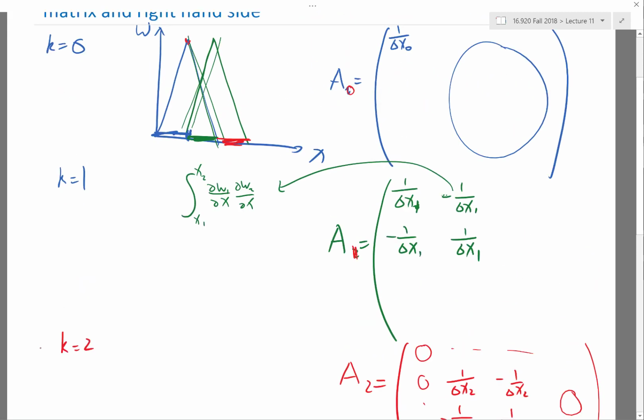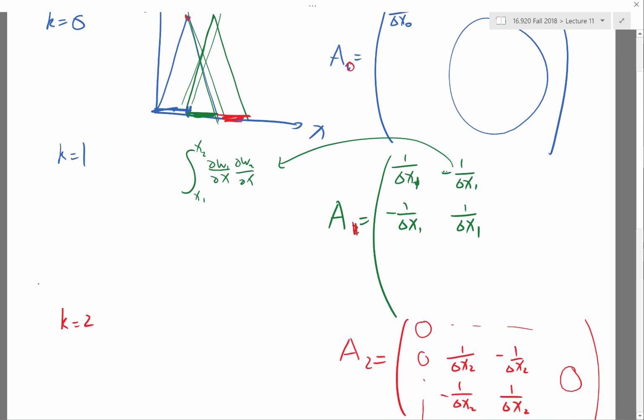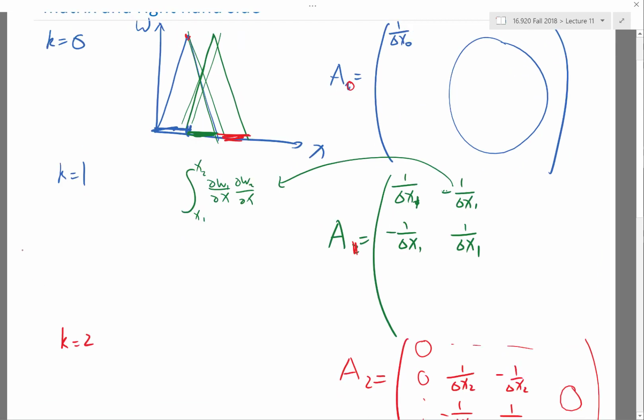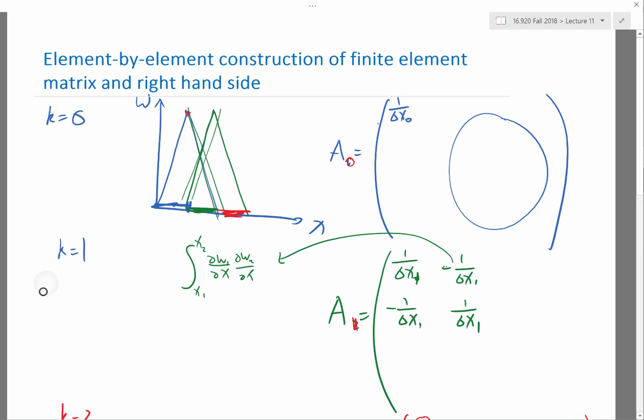So basically, we can see that each element matrix is going to be non-zero within a small square, and it's the linear superposition, the summation of all of these matrices, that makes the entire matrix.